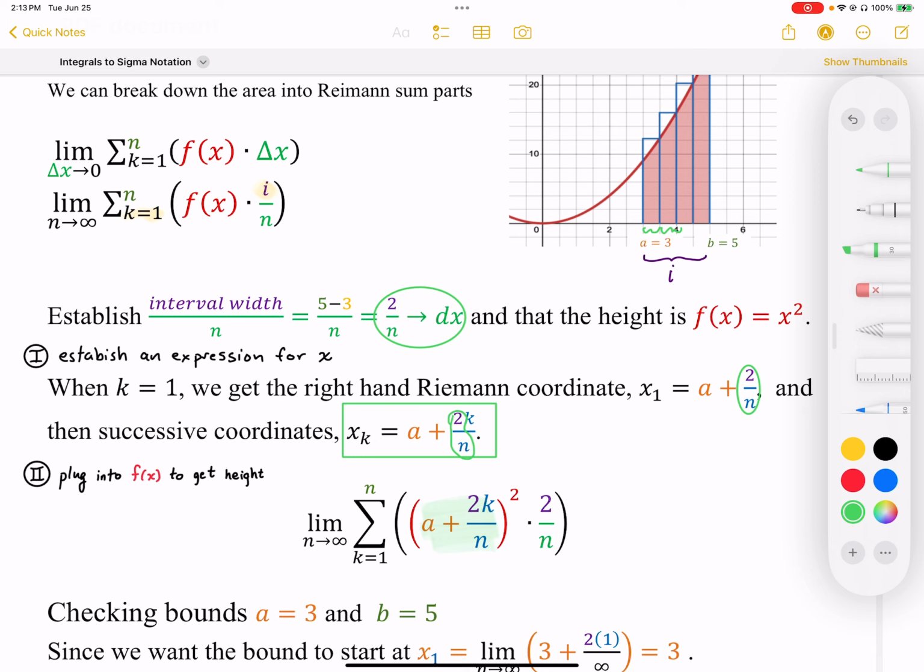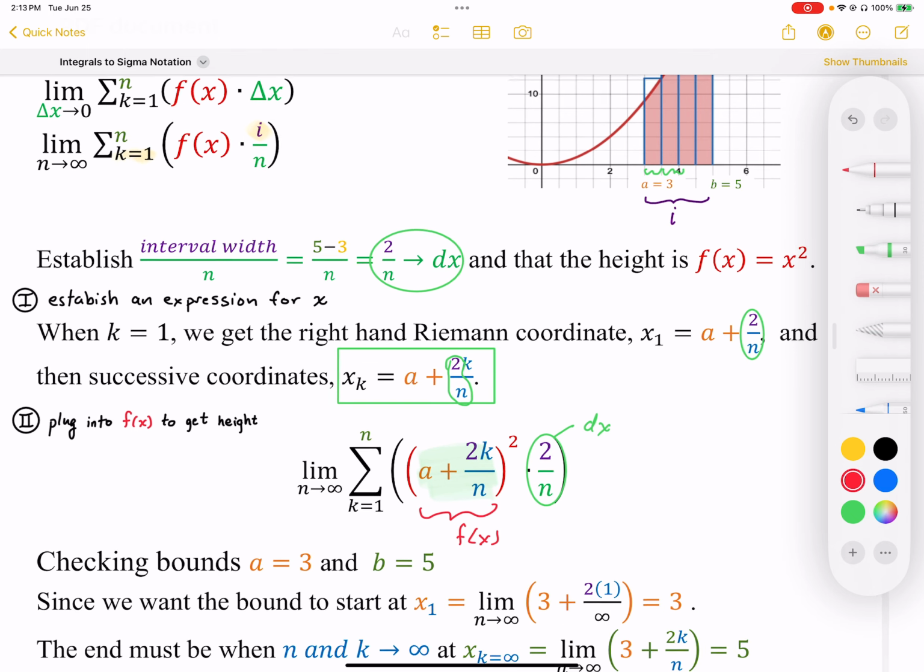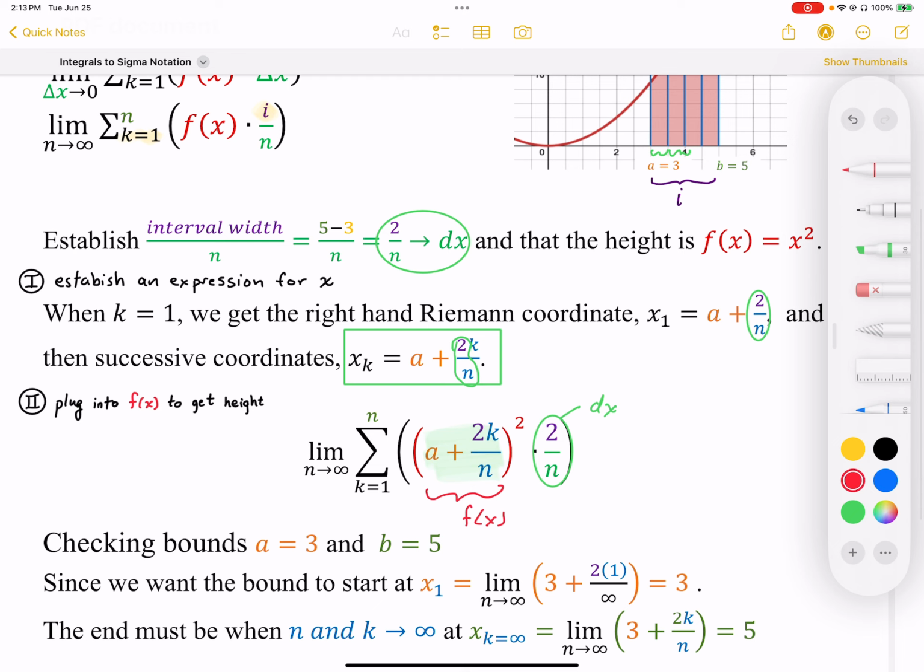We're going to multiply that by our 2 over n. Again, this represents our delta x, and this portion here represents our f of x. So now we have our sigma expression that we're going to use.